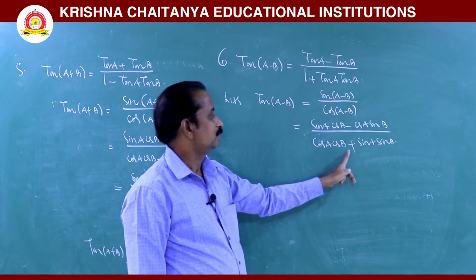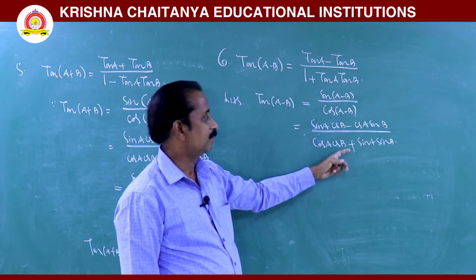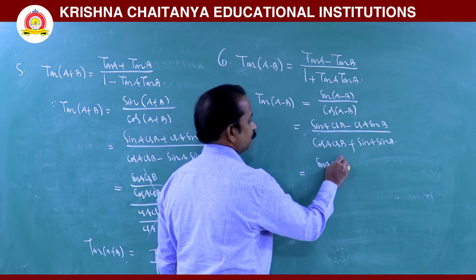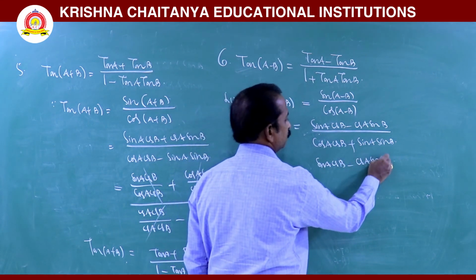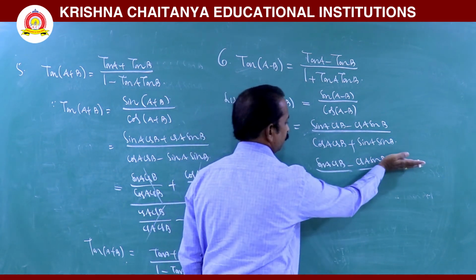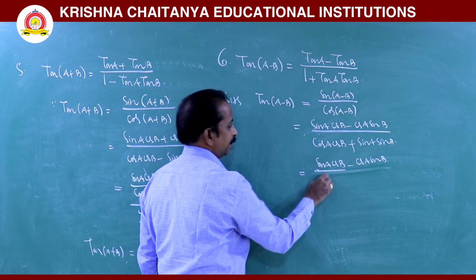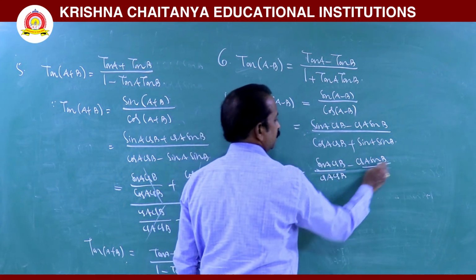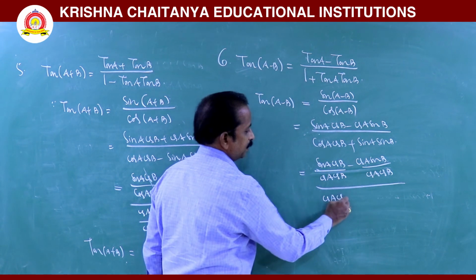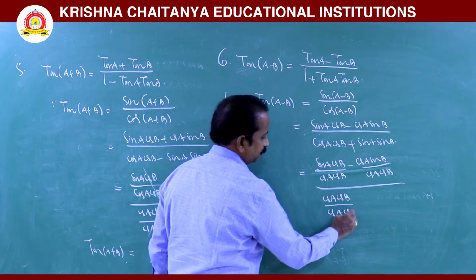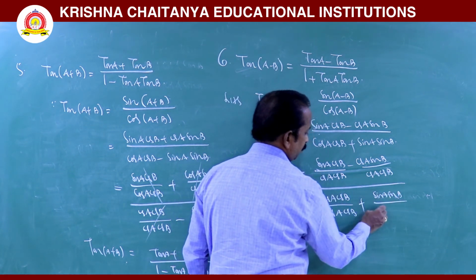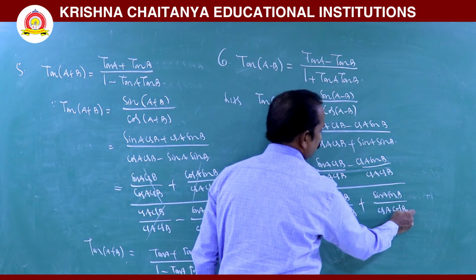So, to make it 1, both numerator and denominator are divided by cos A into cos B. So, sin A into cos B minus cos A into sin B divided by cos A into cos B, whole divided by cos A into cos B divided by cos A into cos B plus sin A into sin B divided by cos A into cos B.